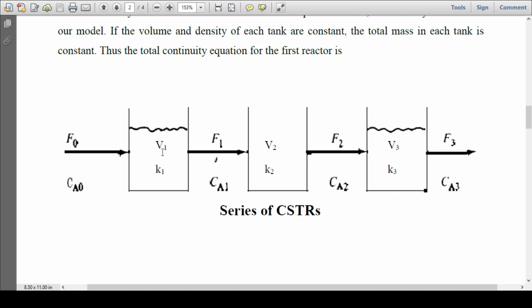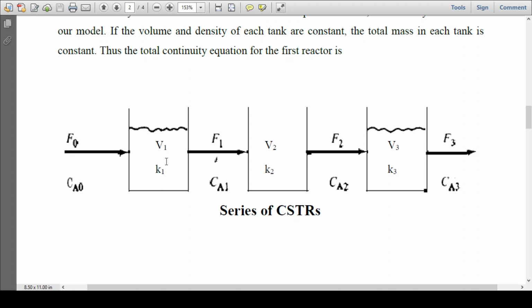The product of this reactor is being charged to reactor 2, which has volume V2 and rate constant K2. The product of reactor 2 is being charged to reactor 3, which has volume V3 and rate constant K3. Density throughout the system is considered constant.